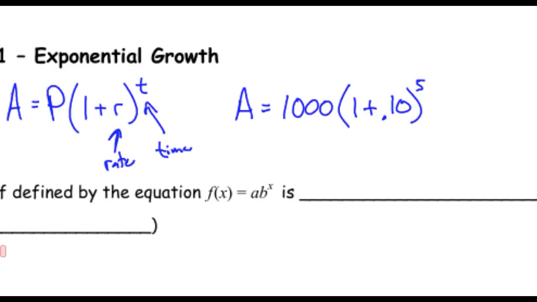You could plug that into your calculator, and you would see that after 5 years you'd have $1,610.51. Yay. That's actually a really good interest rate too, 10%.